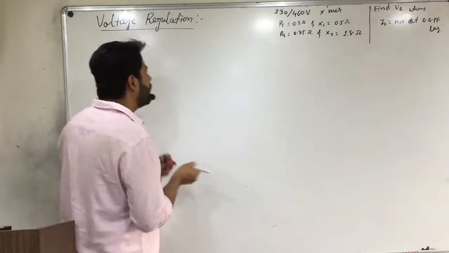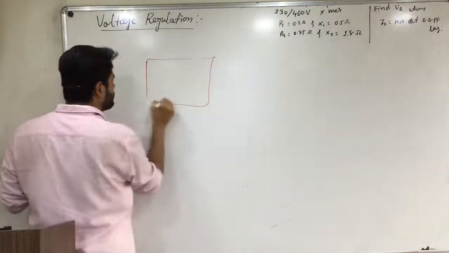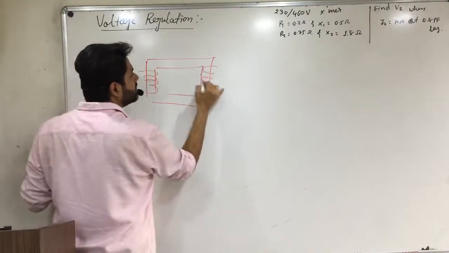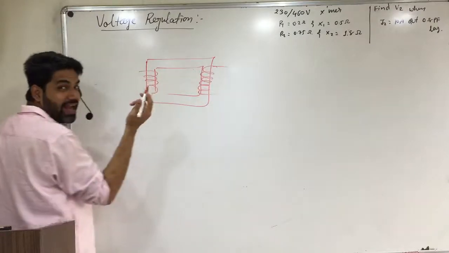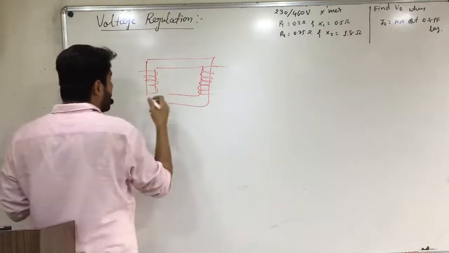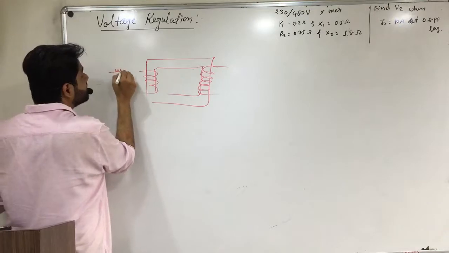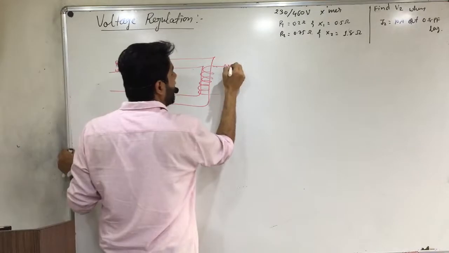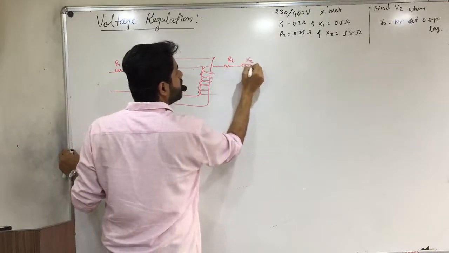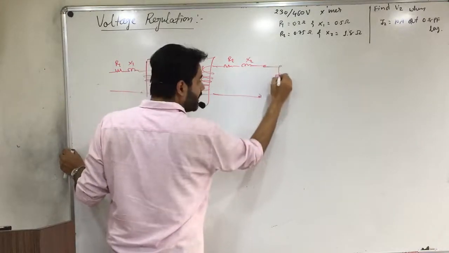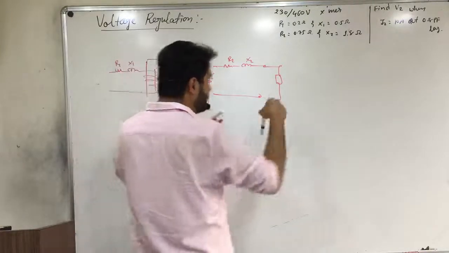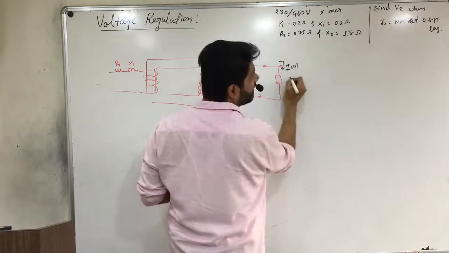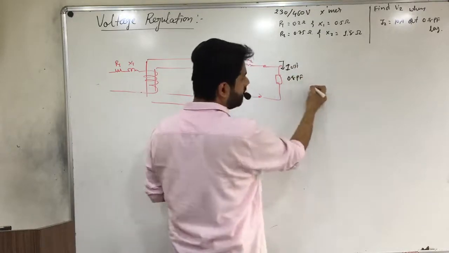Let us visualize what exactly is given to me. This is my transformer, with primary winding and secondary winding. Secondary would naturally have more turns, because we are having more voltage in secondary. This is R1, this is X1, and this is R2, this is X2, and some load is connected over here which is fetching 10 ampere current at 0.8 power factor lag.